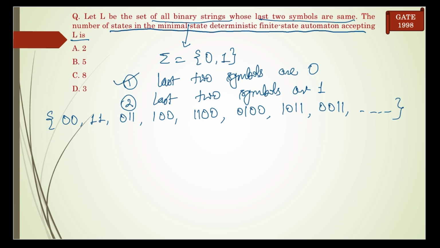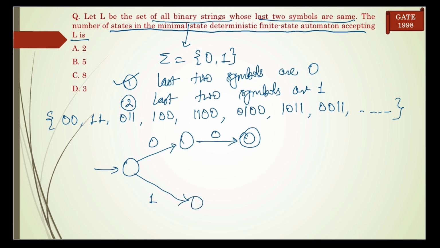So first we will create a finite automata where last two symbols are 0 0. So here last two symbols are 0 0, and in the second part last two symbols will be 1 1.